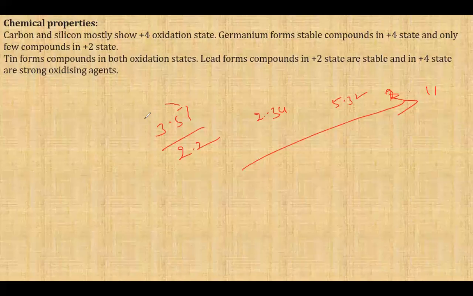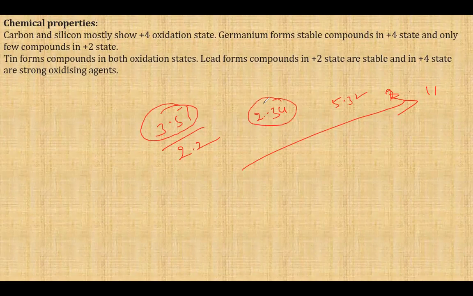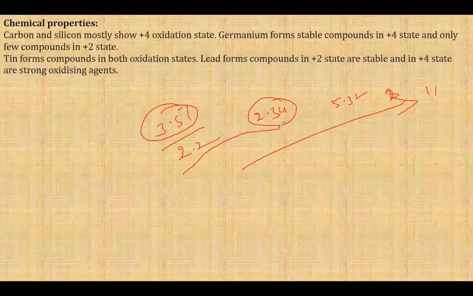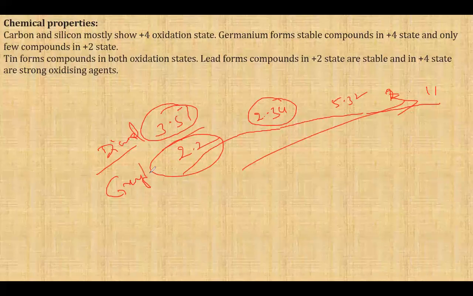But if they give a point 2.2 to 2.34, again the doubt arises. So the order is like this: 2.2, 2.34, 5.3, 7, 11. Density increases. The first one is with respect to diamond, and the second one with respect to graphite.